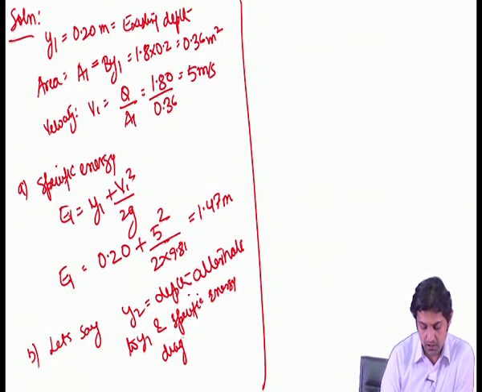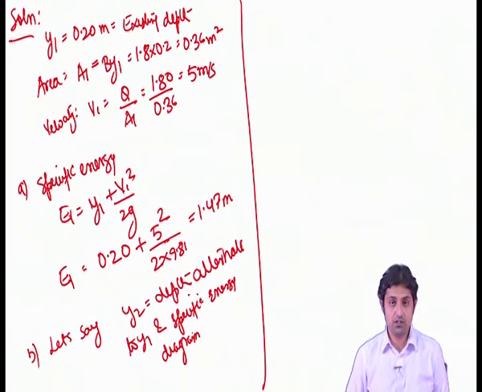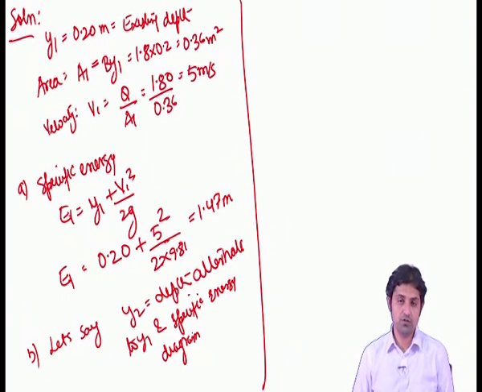diagram. I would like to remind you, when we were dealing with specific energy, we found out a cubic equation. For a particular Q, there were 3 values of Y. One was negative, which is generally neglected, and the remaining ones, Y1 and Y2, are called alternate depths. In this question, one is already given to us and we are asked about the other one. So, the best way of solving this is through specific energy. Okay.